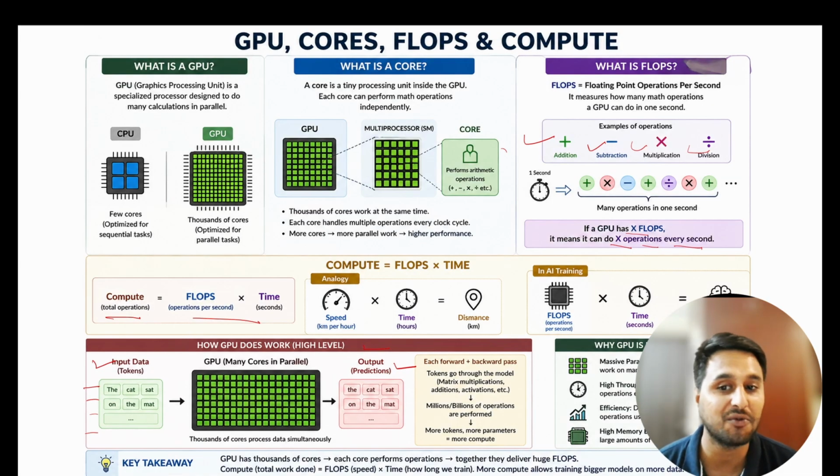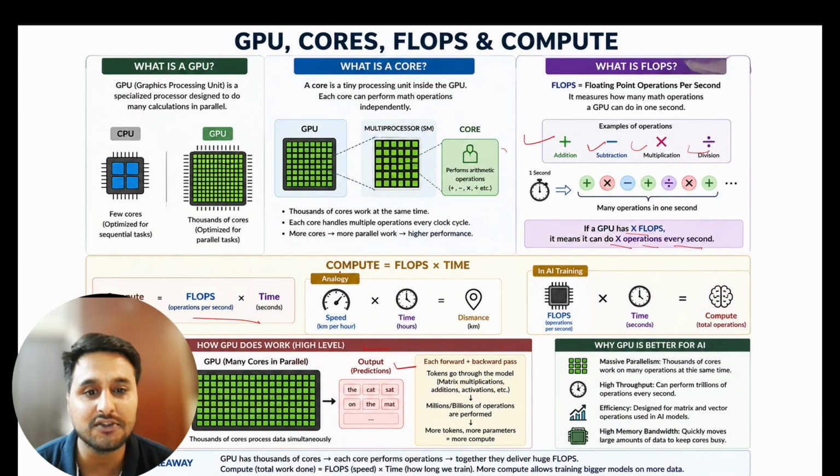Because of the thousands of cores in the GPU, data is processed simultaneously. For each token, there are many multiplicative operations, bigger matrices multiplied together, and after that we get the output token. Tokens go through the model with matrix multiplication, addition, and activation functions, and millions and billions of operations are performed. So more tokens, more parameters, more compute.